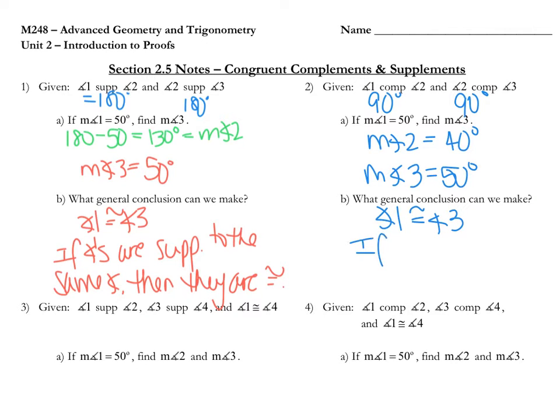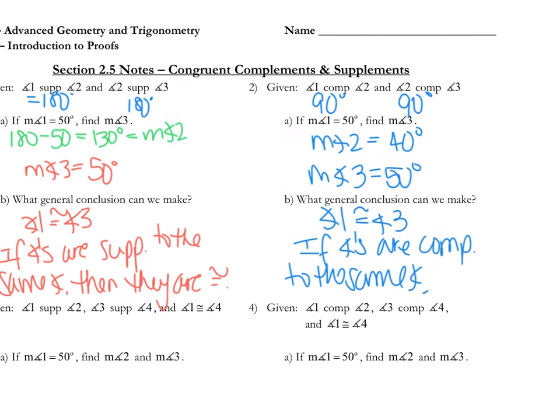Reason being, if angles are complementary to the same angle, then they are congruent. Okay. All right, let's continue on.